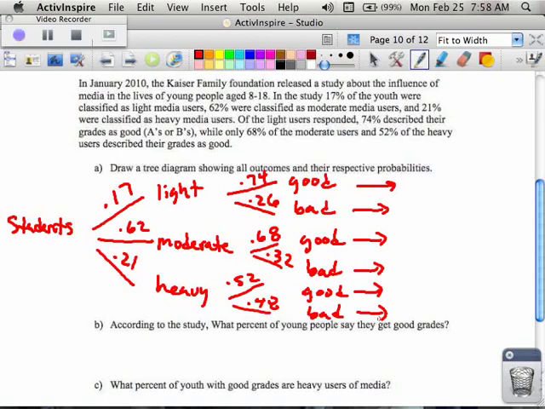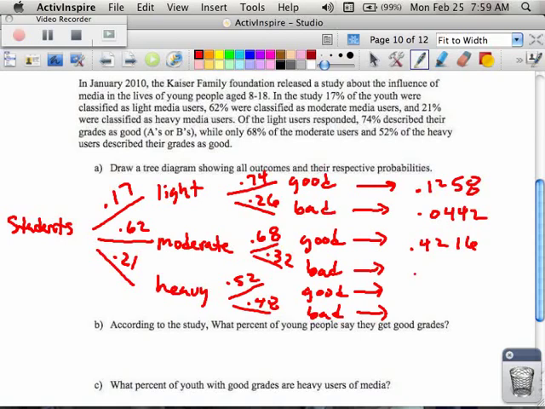So in the first case, if you multiply them out, you get 0.1258. So if you want to report this out as a percentage, you could say 12.58%. The second percentage is 0.0442. You can find these by multiplying those two probabilities. The next one is 0.4216.